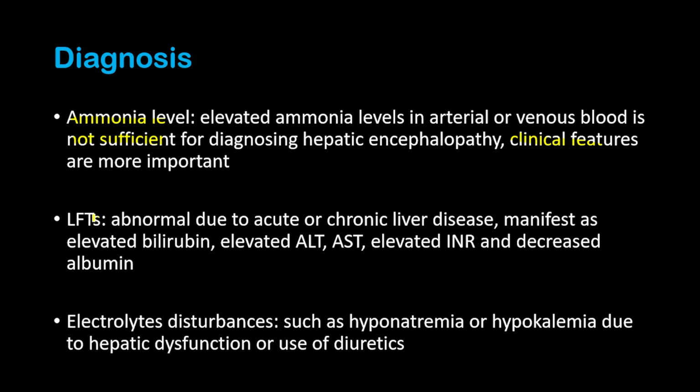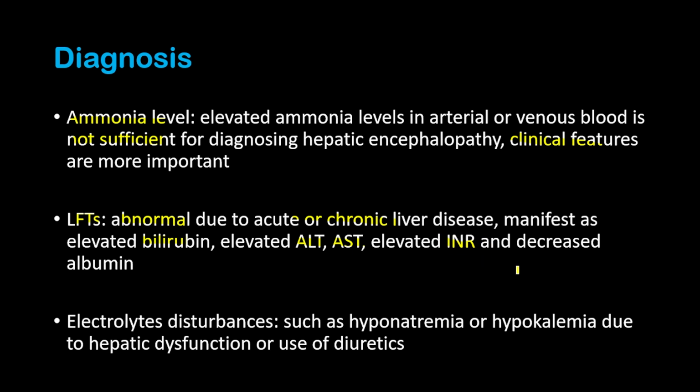Now, regarding the liver function tests, those are abnormal due to the acute or chronic liver disease, and they manifest as elevated bilirubin, elevated alanine aminotransferase, and aspartate aminotransferase, and they also may manifest as elevated international normalized ratio, and that is because the liver is responsible for synthesizing the clotting factors, and once the clotting factors are low because the liver is unable to synthesize them, this would lead to elevated international normalized ratio.